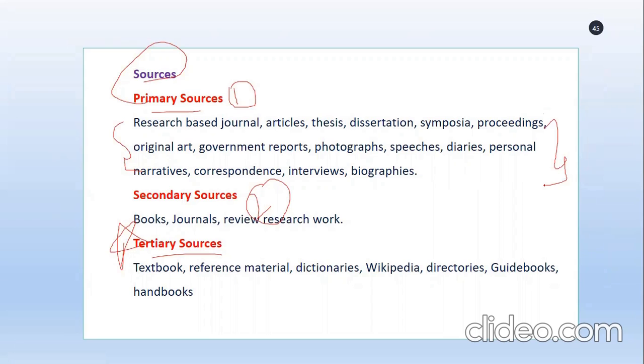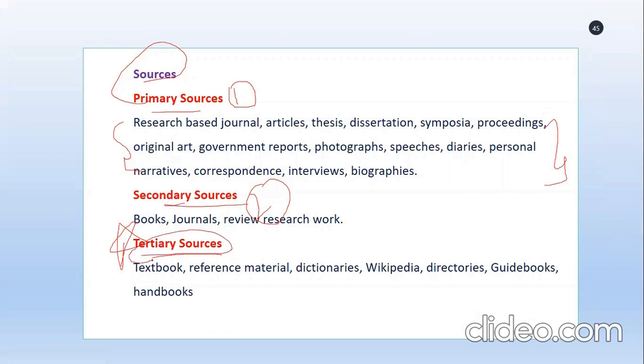Secondary sources are the sources which are already available and have been produced by someone. You take that source as a reference, for example, books, journals, reviews, research work. These count as the secondary sources. But then there is something called tertiary sources.